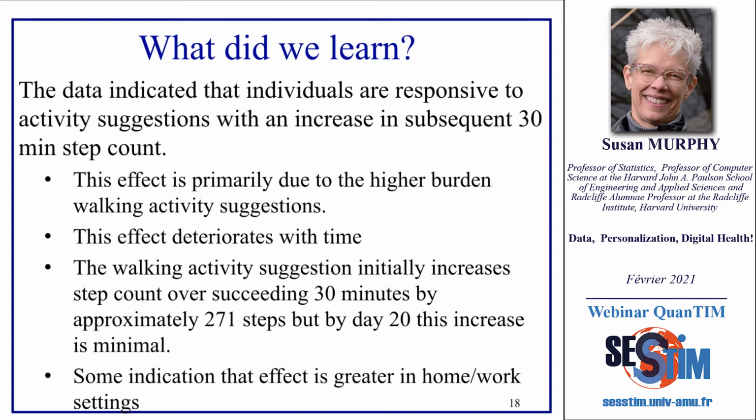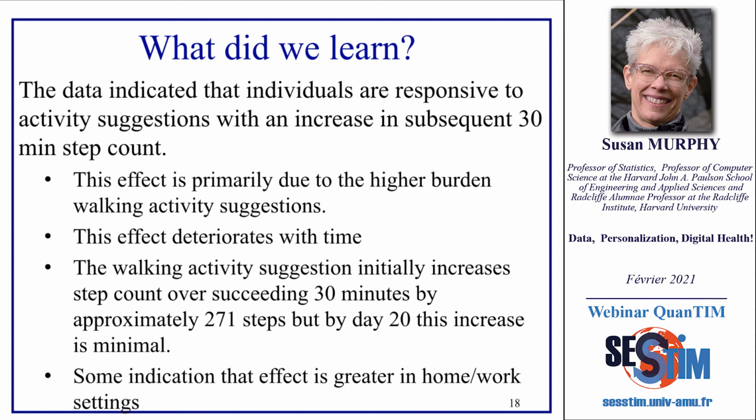So how did this impact the design of the subsequent studies? Well, the first thing we did was we improved the user interface to try and make the app more engaging. We did add some other intervention components. In addition, we developed an artificial intelligence algorithm.